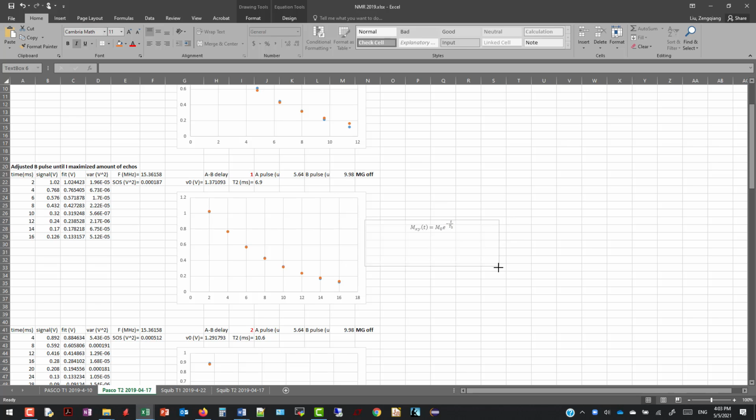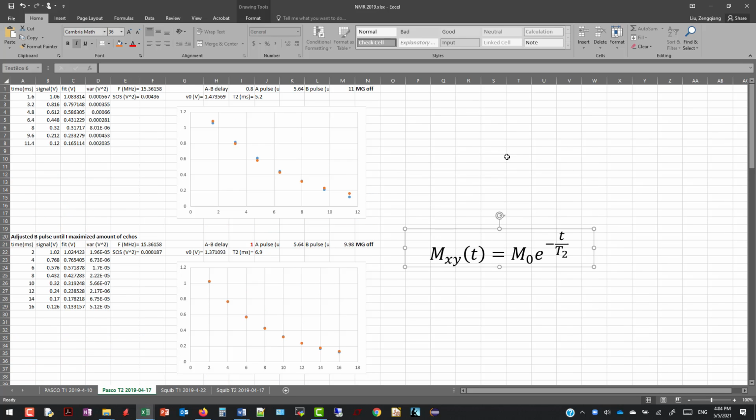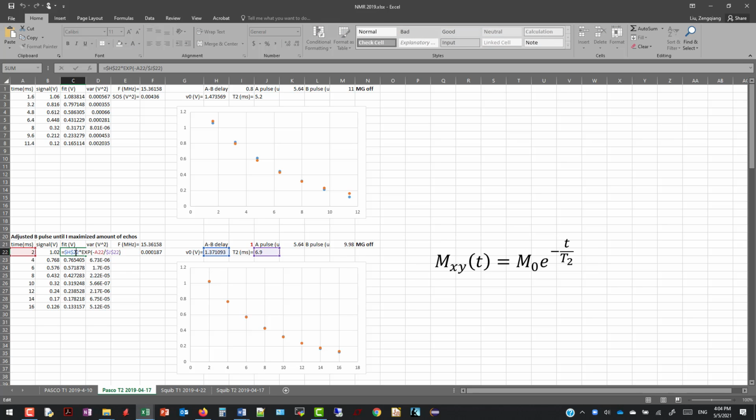Okay, so we're just fitting something relatively simple, an exponential function that has two parameters, the t2 and the M0. So that's exactly how I did it. This is that M0, or the V0, the voltage, and then there's also a t2 right here.